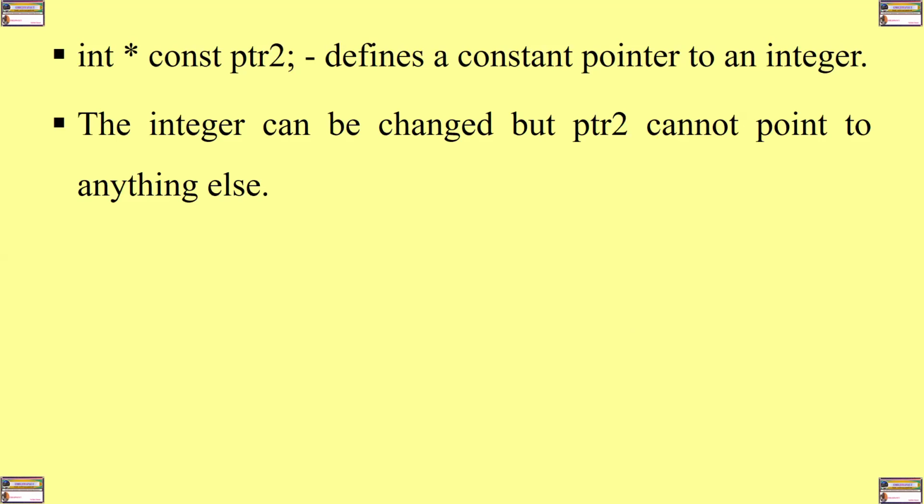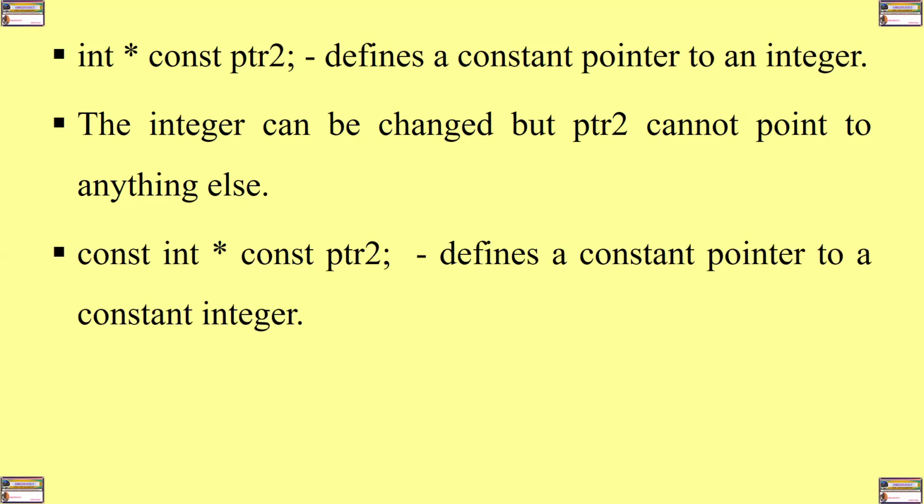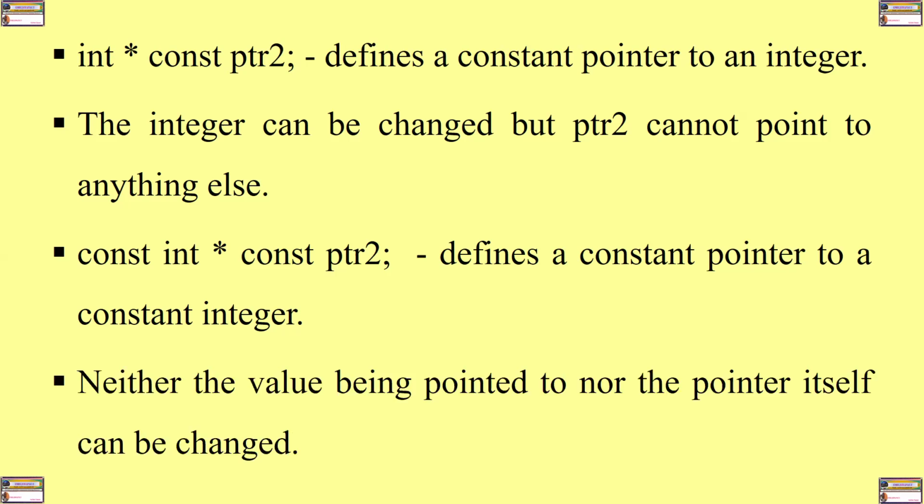The integer can be changed, but the pointer cannot point to anything else. Similarly, a statement like this one defines a constant pointer to a constant integer. In this case, we have a constant pointer called pointer2, which points to a constant integer of type int. Neither the value being pointed to nor the pointer itself can be changed.